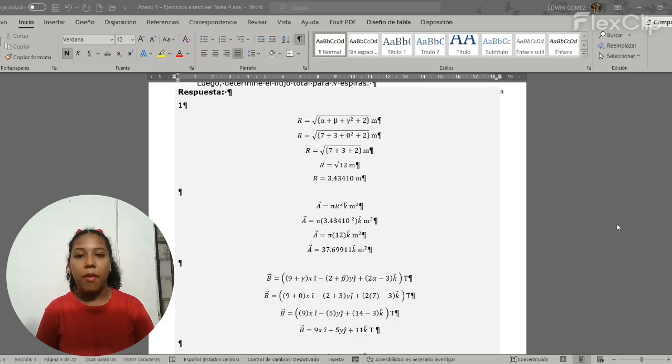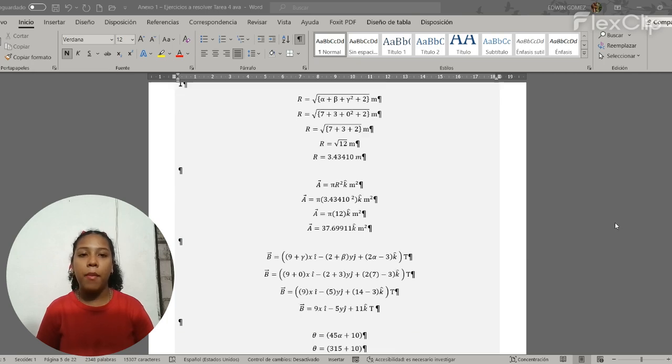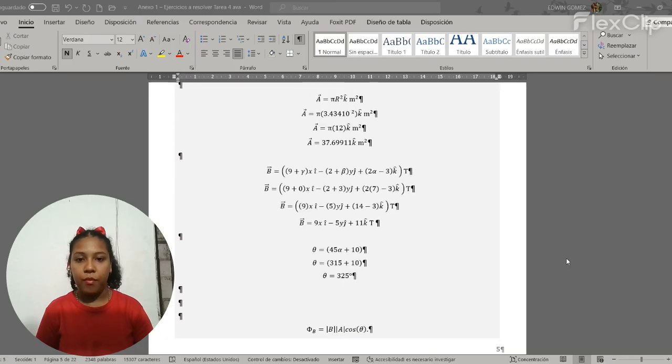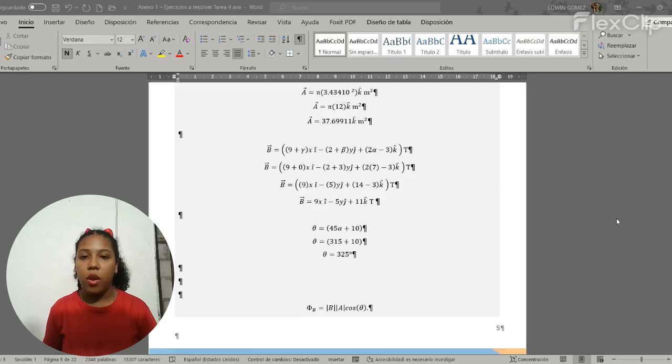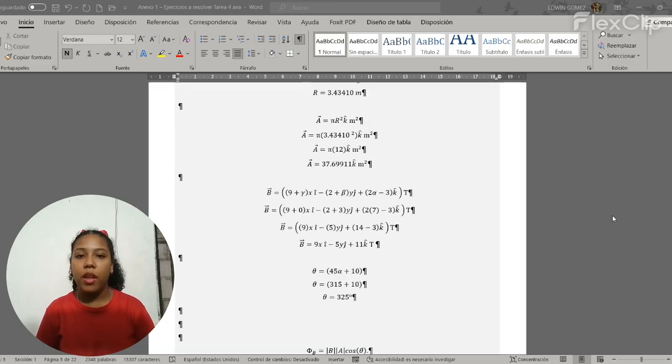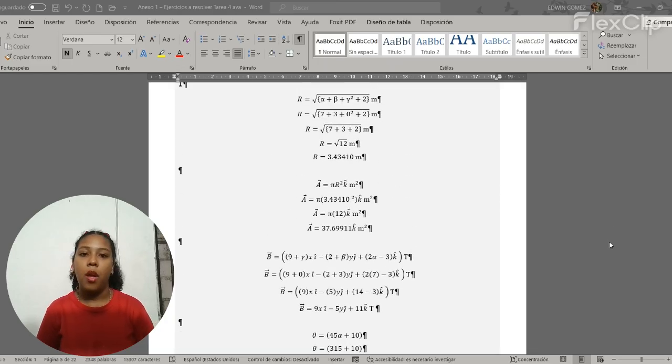Next, the magnetic field vector is evaluated by substituting the values and parameters into the expressions. Since the loop surface is oriented in the k direction, only the k component of the magnetic field contributes to the flux.